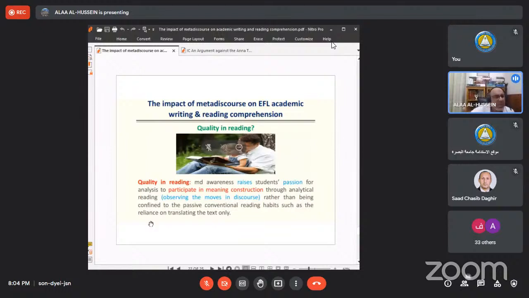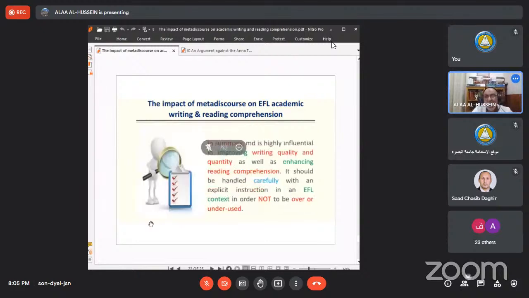Sometimes we find readers are translating, not interested in analyzing the text in order to understand it very well. But through analyzing the meta-discourse and knowing the functions of those meta-discourse, readers will understand better the messages.